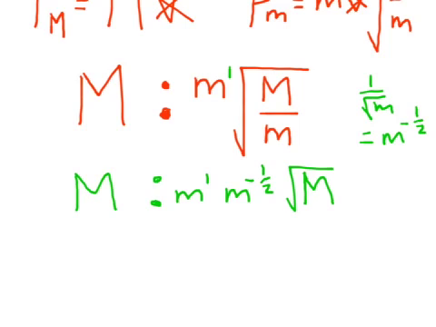So with this m to the 1 and m to the minus half, when you're multiplying the same variable with different powers, you add them. So that's 1 minus a half, which gives the power of a half. That's going to be equivalent to just the square root of m.